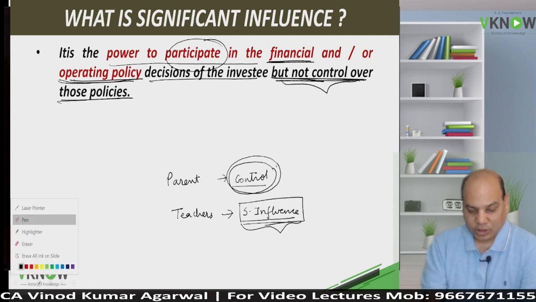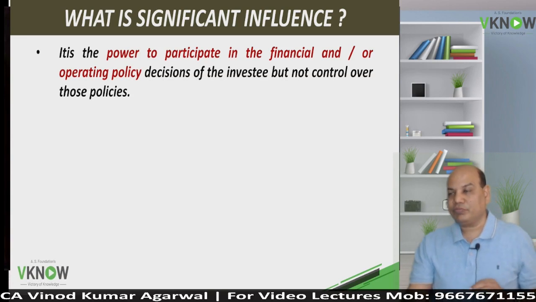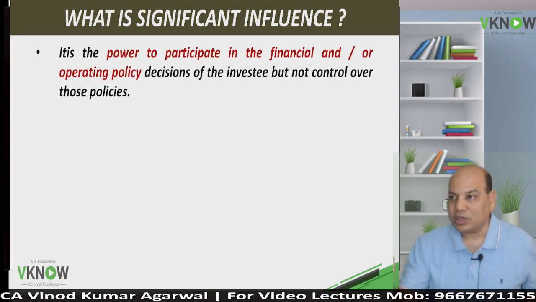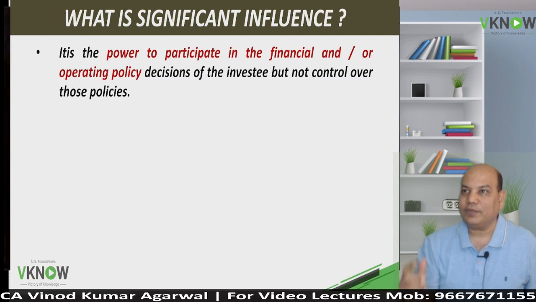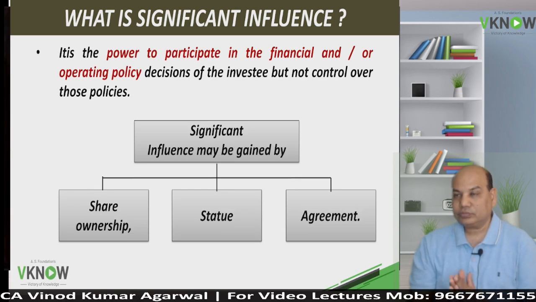Same thing in the case of corporates. If they are able to control the other entity, the relationship becomes parent and subsidiary. If they are able to exercise significant influence, the relationship becomes investor and associate. Okay. So how can you obtain significant influence?